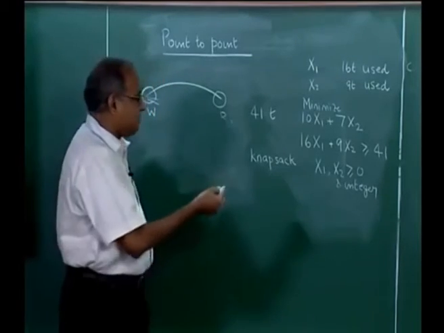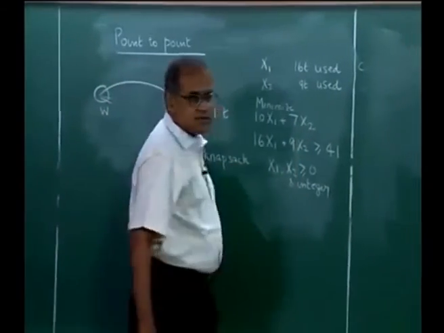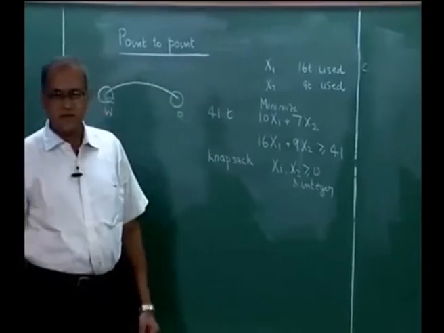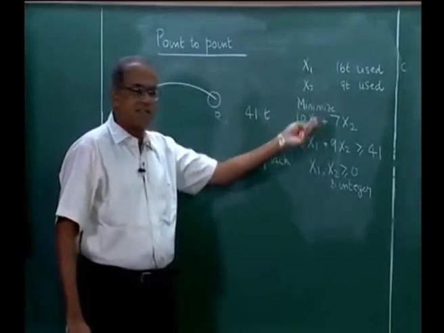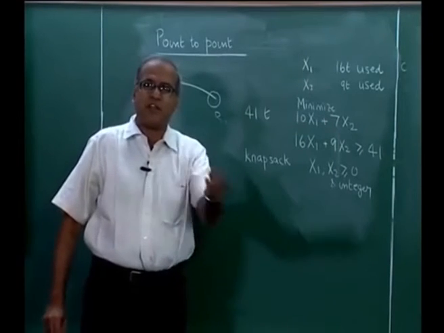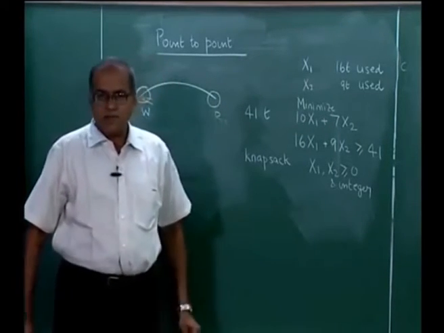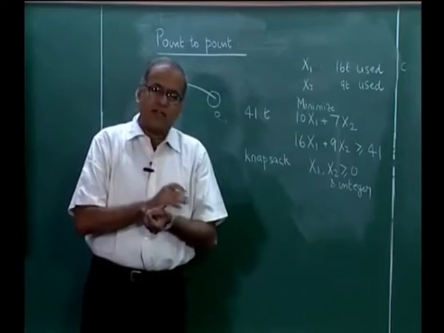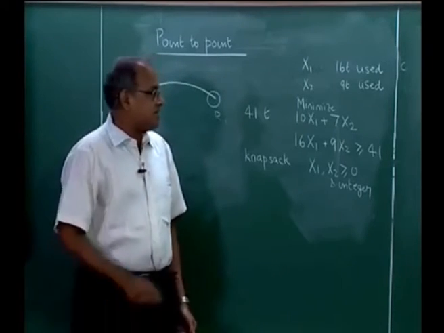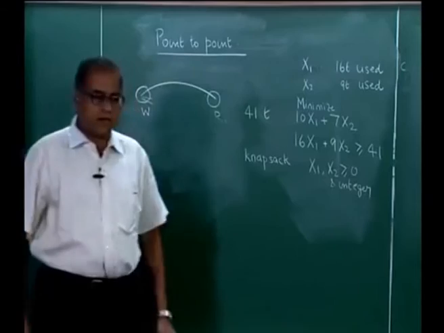If we have a solver, one can easily solve this using the solver, as there is only a single constraint. If we have only two variables and a single constraint, one can even do an enumeration and solve it, but there are better ways of solving this using some kind of branch and bound algorithm.